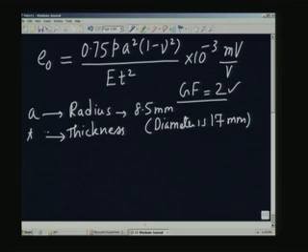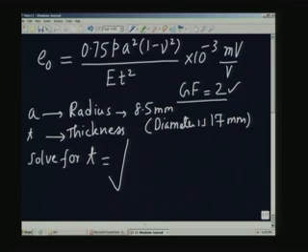So, I will take the radius as 8.5 millimeters, and plug in the value of A here. This P is nothing but the maximum pressure, which is 7 megapascals. So, all I have to do is to solve for T. So, for a 17 millimeter diameter diaphragm, we solve for T.